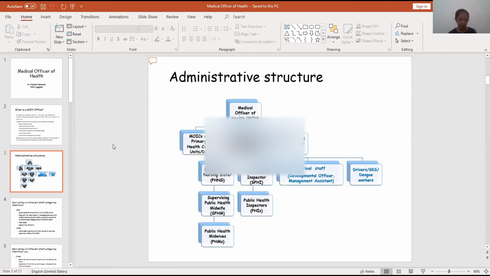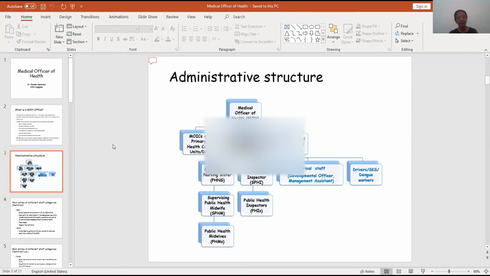For maternal and child health, there are supervising officers, the public health nursing sister, under her the supervising public health midwife, and public health midwives under the SPHM. For the public health part, there are supervising public health inspectors, and under him there are public health inspectors. All of them are technical people in the MOH office.